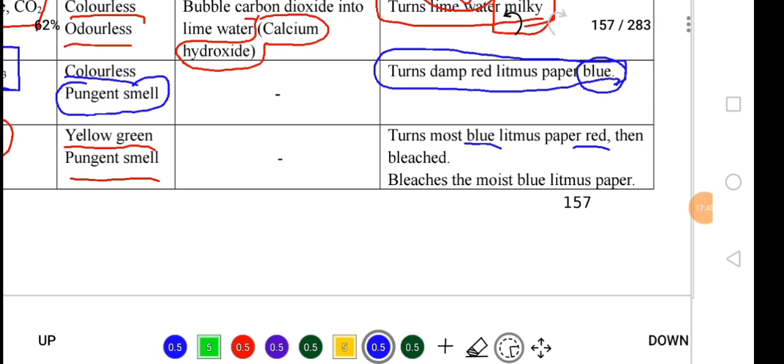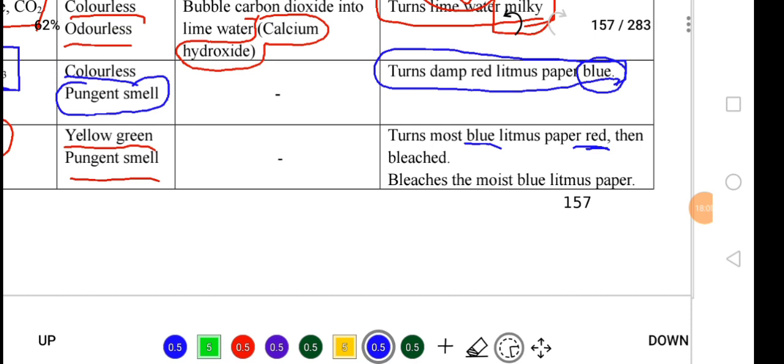I want you to understand, we are saying for chlorine, it is going to turn a blue litmus paper red because of being acidic in nature. But not like other acids.